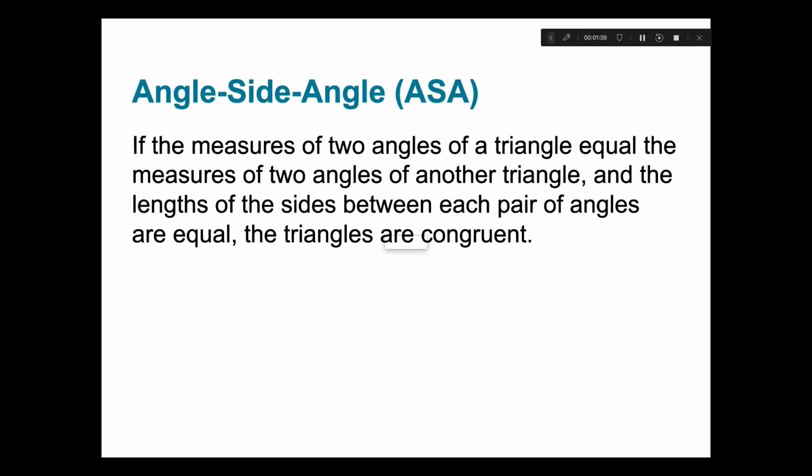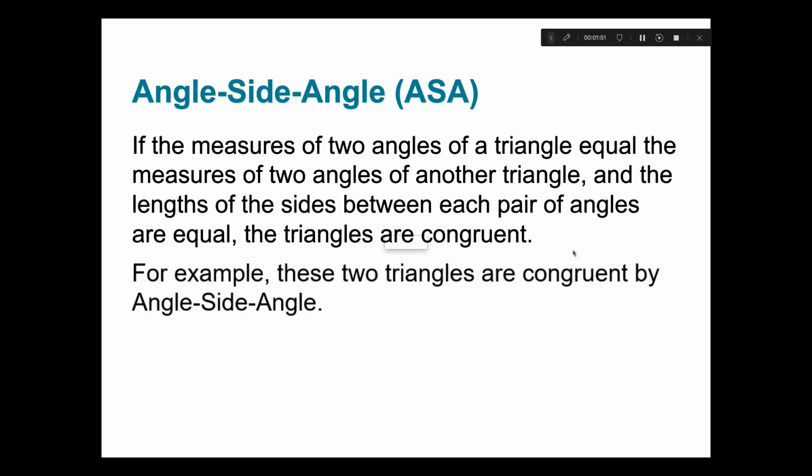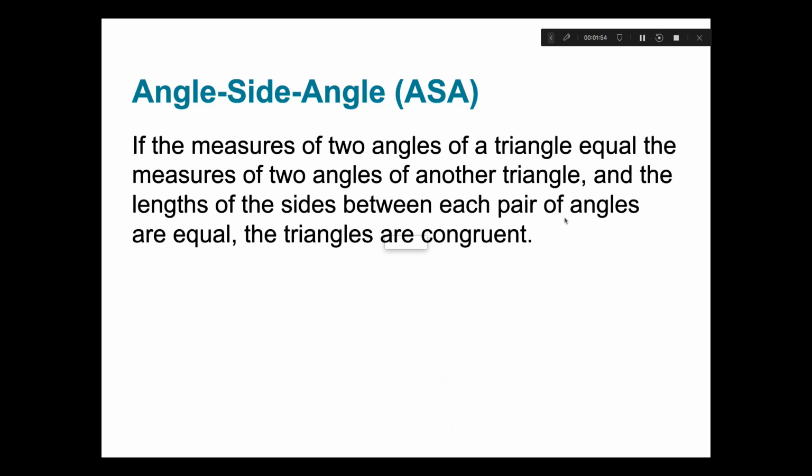So the first thing we're going to talk about is an angle-side-angle relationship. And when we talk about this, we know that in a triangle we have three sides. Three sides. So when we have an angle and a side and an angle, if those are the same or proportionate in any triangle, we know that they are going to be similar triangles.